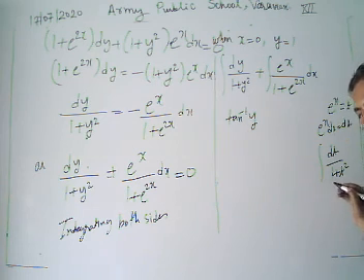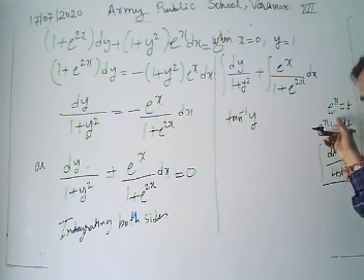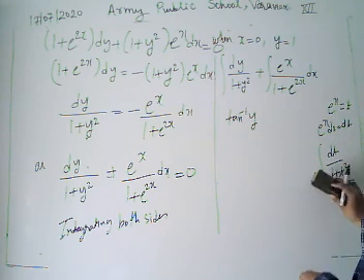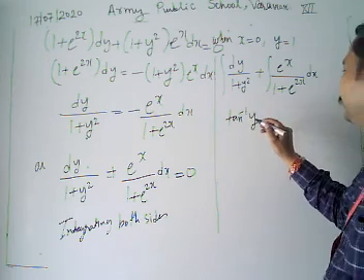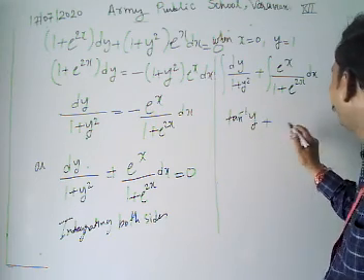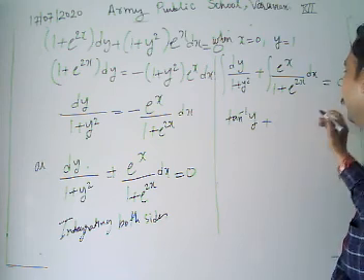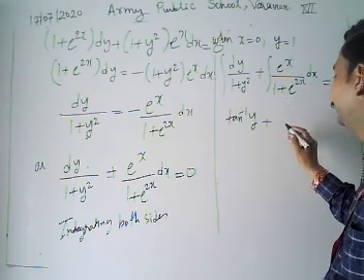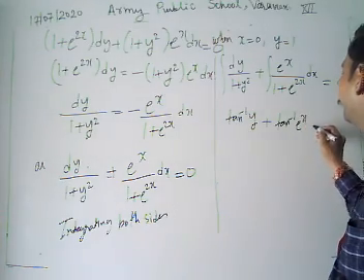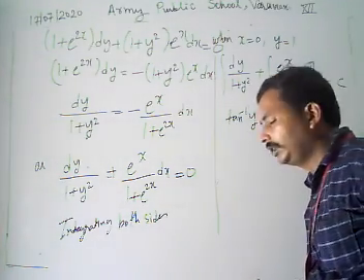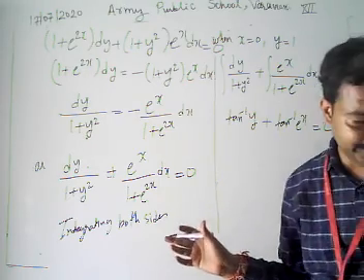The value of this integration is tan inverse t, meaning tan inverse e to power x. So we write tan inverse y plus tan inverse e to power x equal to c.